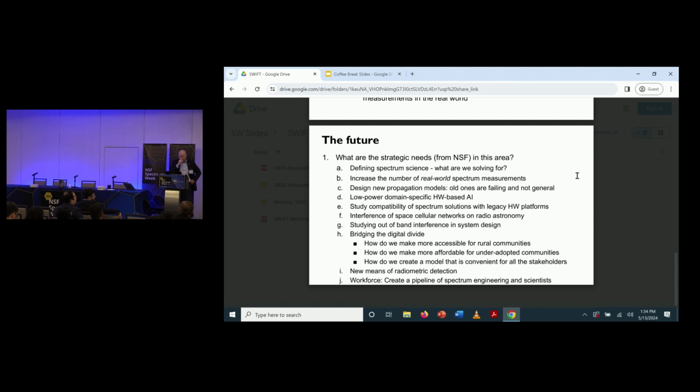We did talk about some human things. Actually, I'll talk about H and J, but first I'll do I: new means of radiometric detection. Who brought that up? Tell us about it. It's called multipath cross-correlation radiometry. I think it is the first new means of radiometric detection since the Dicke radiometer.